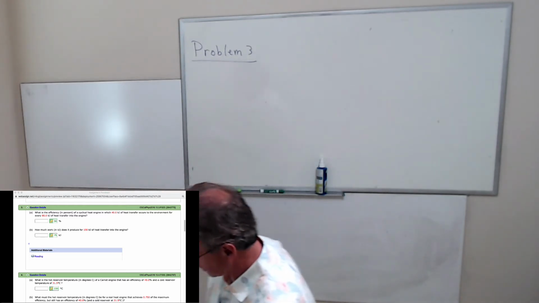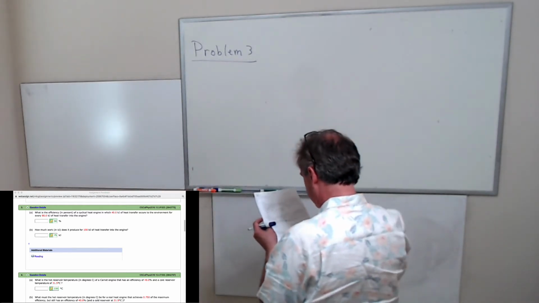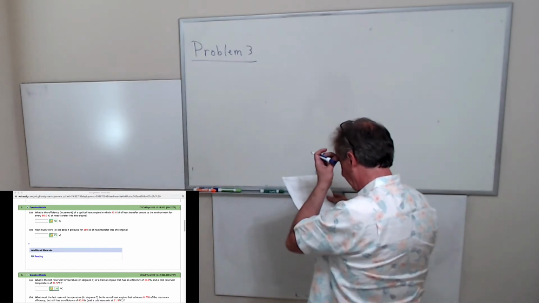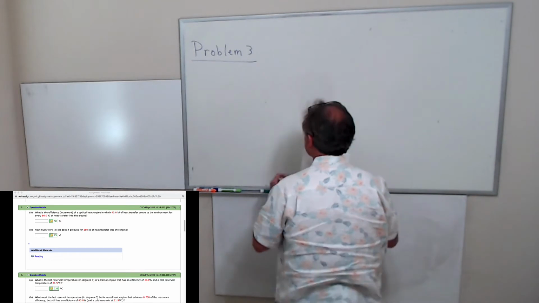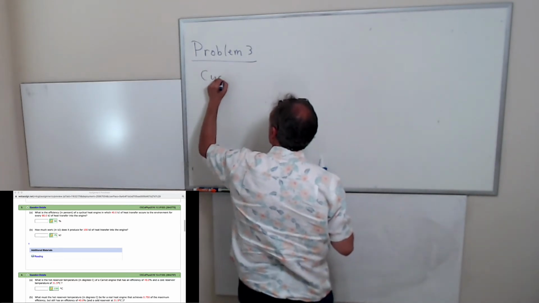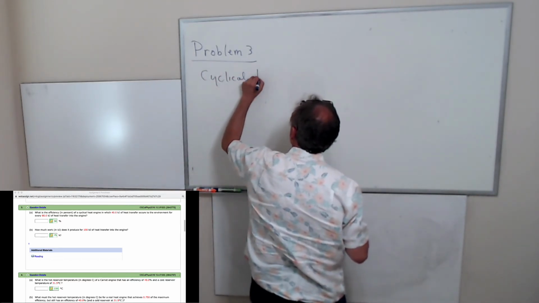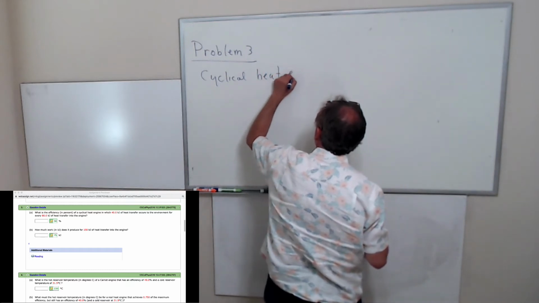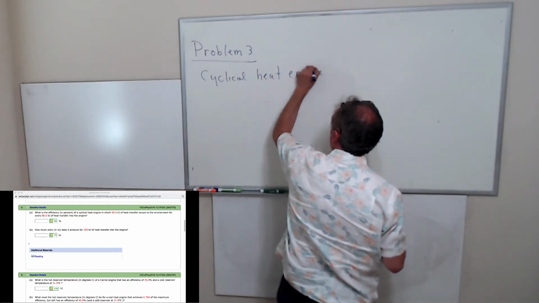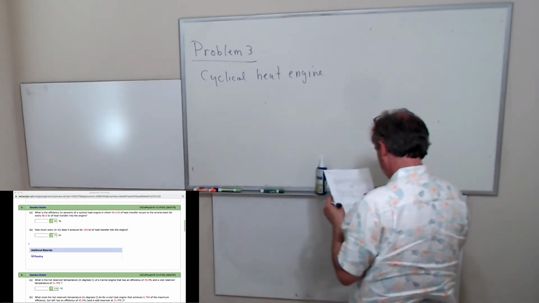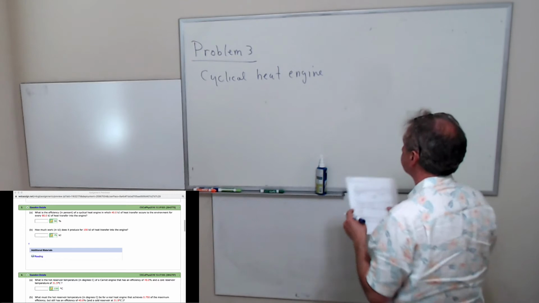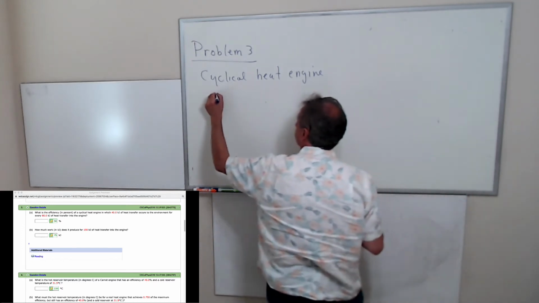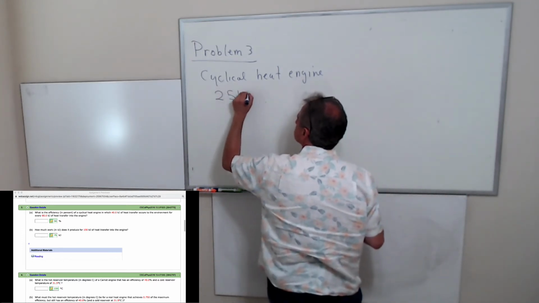All right, so let's look at number 3. So number 3, we have a cyclical heat engine, and get 25 kilojoules of heat transfer to the environment. I'm just using my numbers.